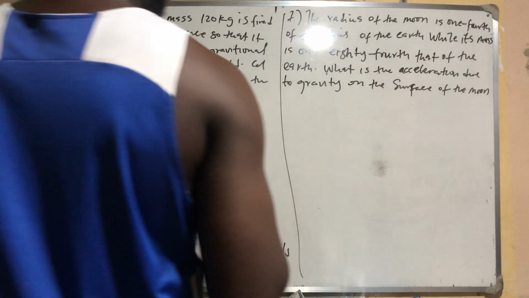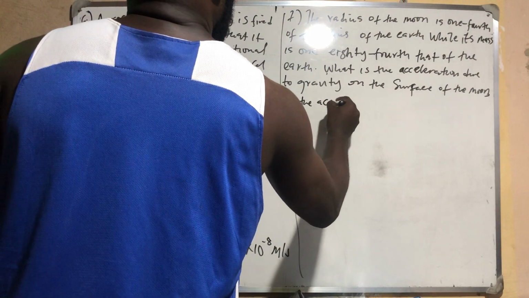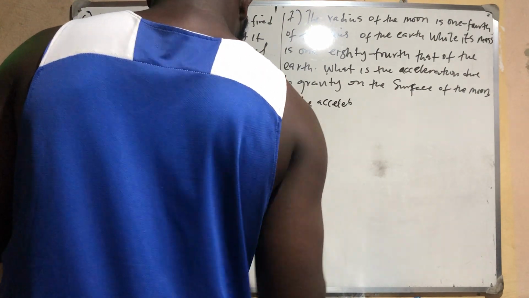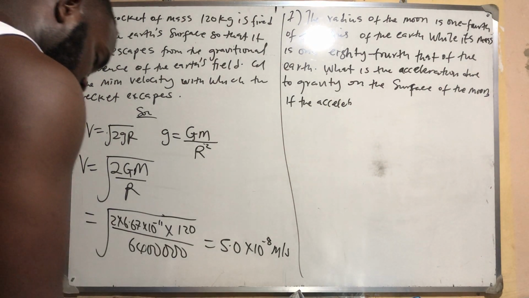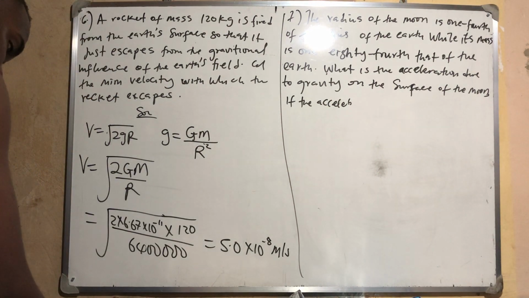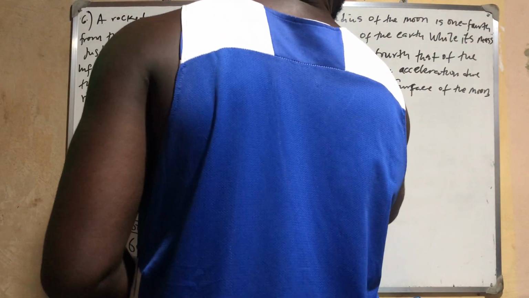On the surface of the moon, if the acceleration... We want to get the acceleration due to gravity on the surface of the moon, but they want to say, if we don't even need this, it is a bonus mark.